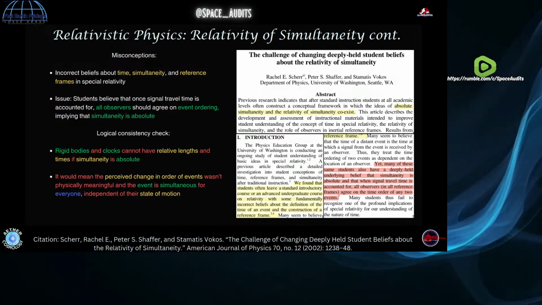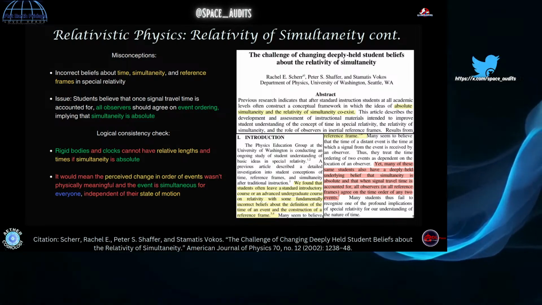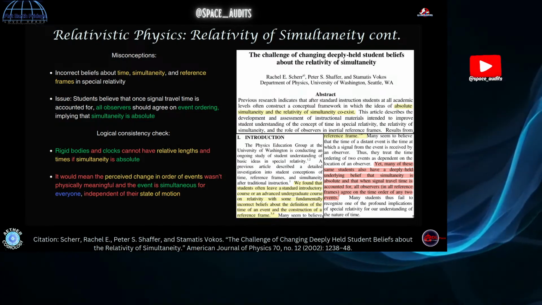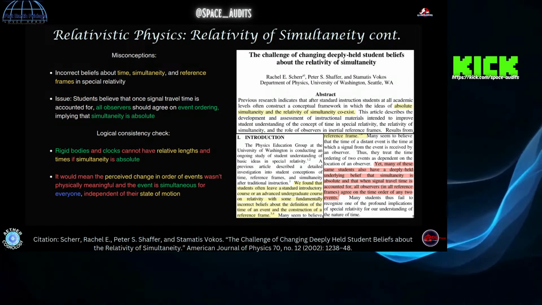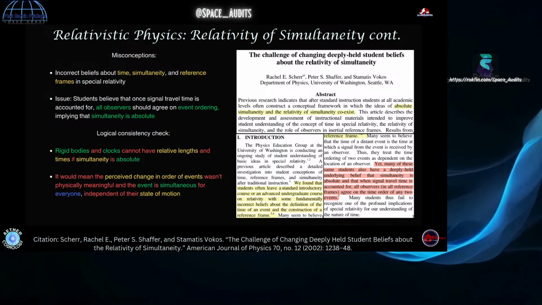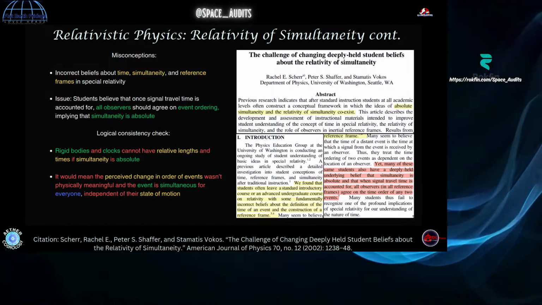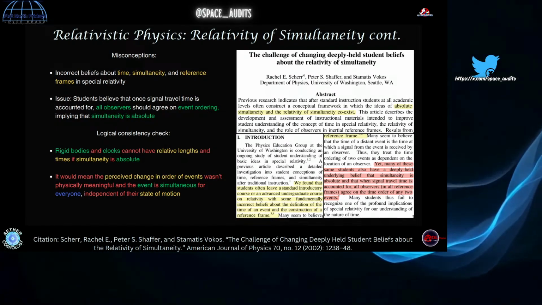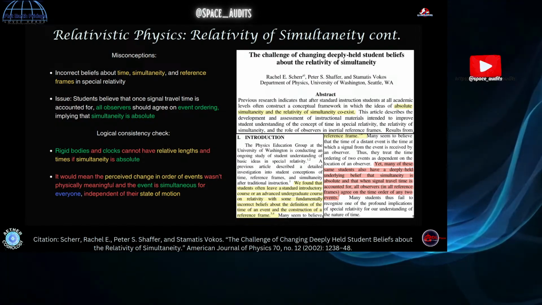But many students fail to recognize one of the profound implications of special relativity for our understanding of the nature of time. So the correct way to interpret this is that there's relativity of simultaneity. There's no absolute simultaneity for what they're proposing.